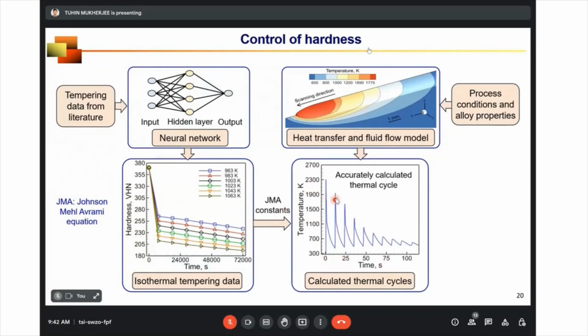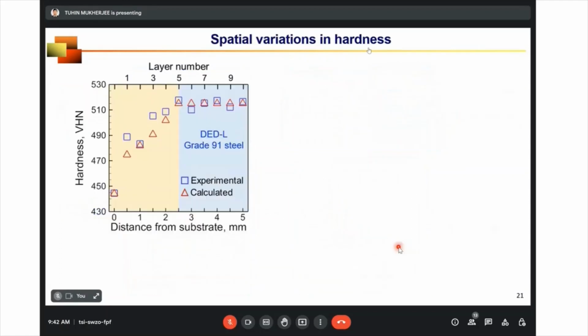And these spikes are for individual layers. So you can appreciate the repeated heating and cooling during the multi-layer deposition. Integrate the JMA equation, which is essentially an isothermal equation, along this thermal cycle and calculate the hardness of the part. How? Let me show you.